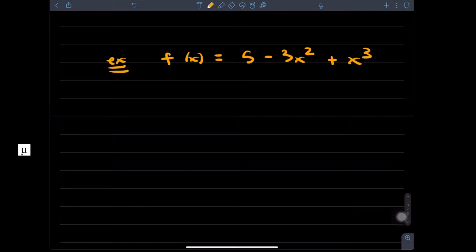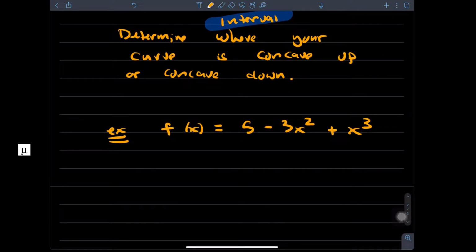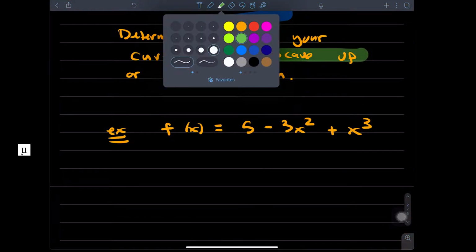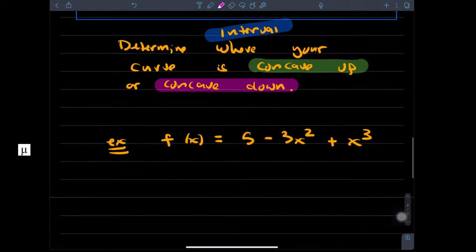All right. So we actually went through a bunch of these questions already with finding the intervals of increasing, decreasing, and you go, you're going to give me the same function? I'm going to say, yes, but what are you looking for now? Where does a curve hold water? That's called concave up. And where does the curve not hold water, concave down.